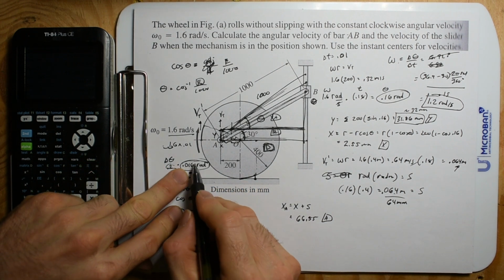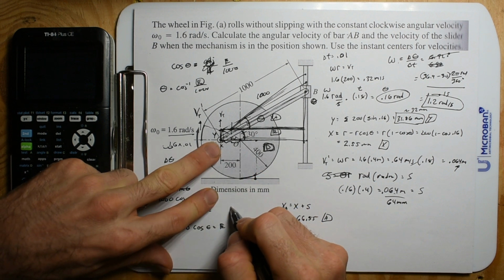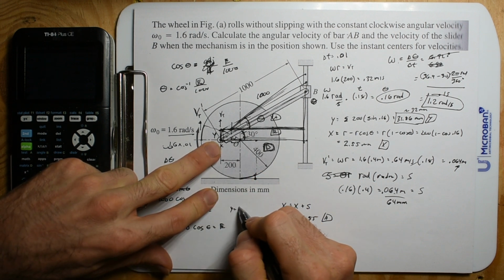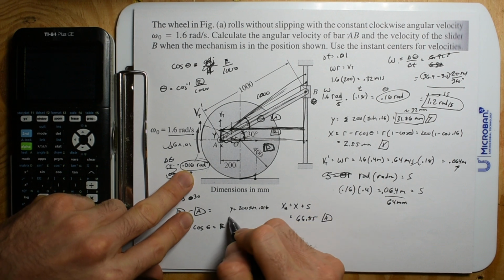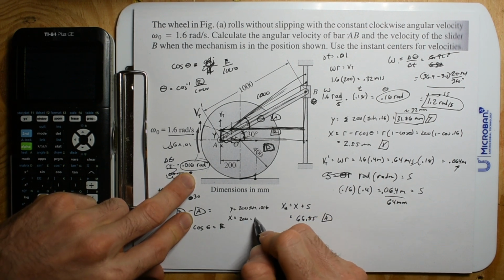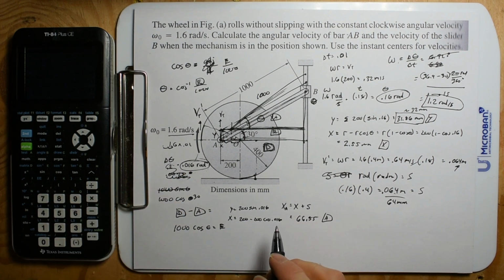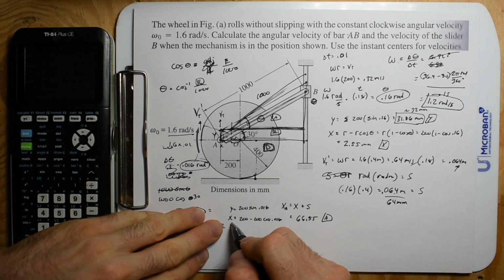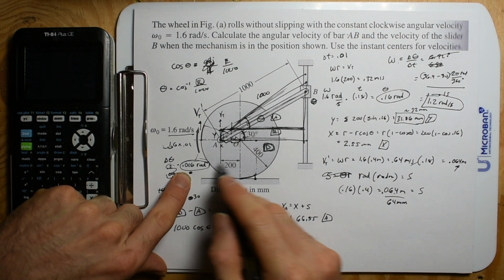Okay, so if we have the angle, we know what y is. Y is going to be 200 sine of 0.016. X is going to be 200 minus 200 times cosine 0.016. And then x of a is what we want. That's going to be plus the arc length.